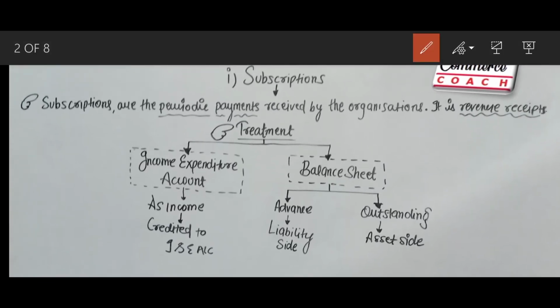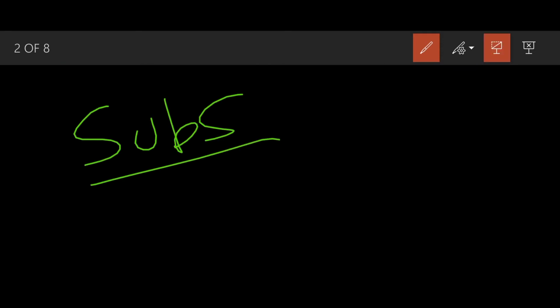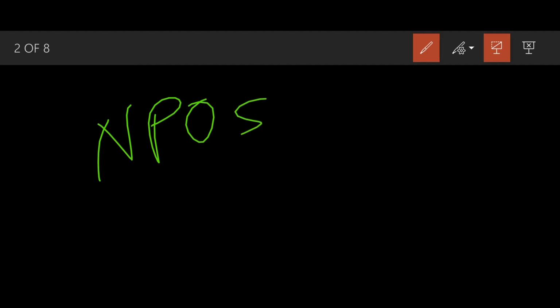What do we mean by subscriptions in a general sense, or literally? Subscriptions are periodic payments received by organizations. It is a revenue receipt. For not for profit organizations, how do they arrange funds?